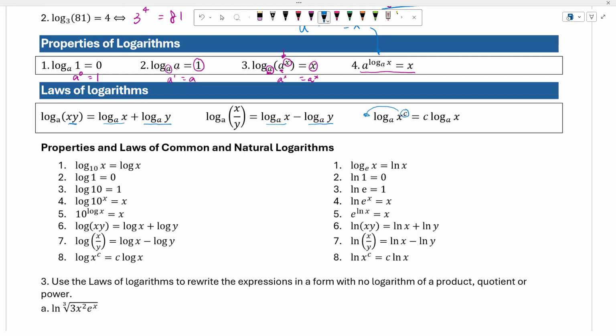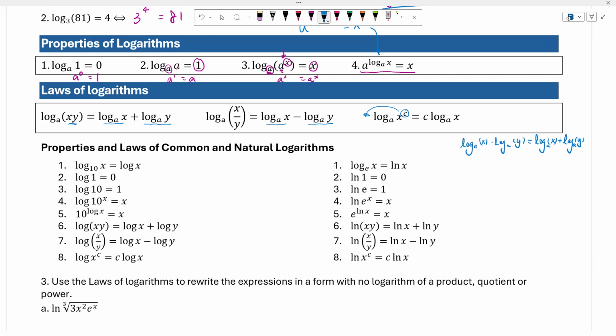Now, a couple of mistakes that some students have made, so you have to be careful about this. For example, when some students see log base a of x times log base a of y, they rewrite this into the sum of 2 logs. Remember, you cannot do this.